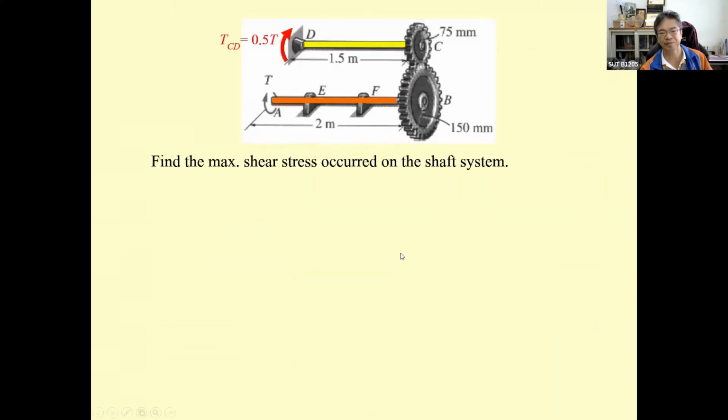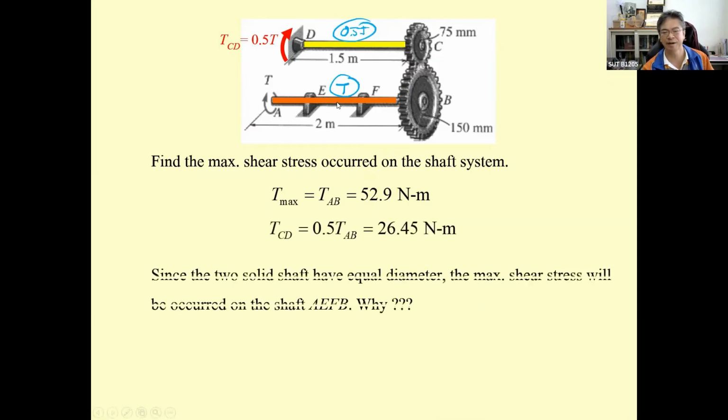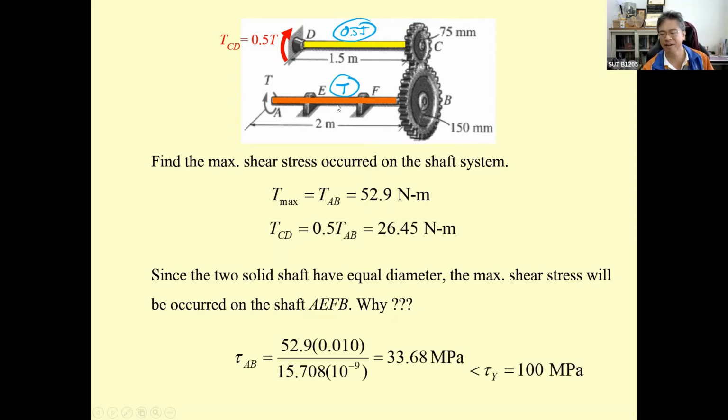And then find the maximum shear stress. The maximum shear stress will occur on this one because this is T and this is 0.5 T. So it's going to be on the orange shaft. Then just put it into the equation. It's 33.68, which is less than tau sub y.